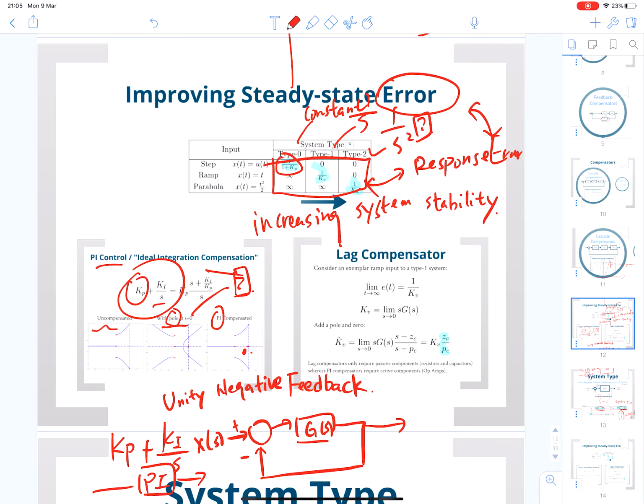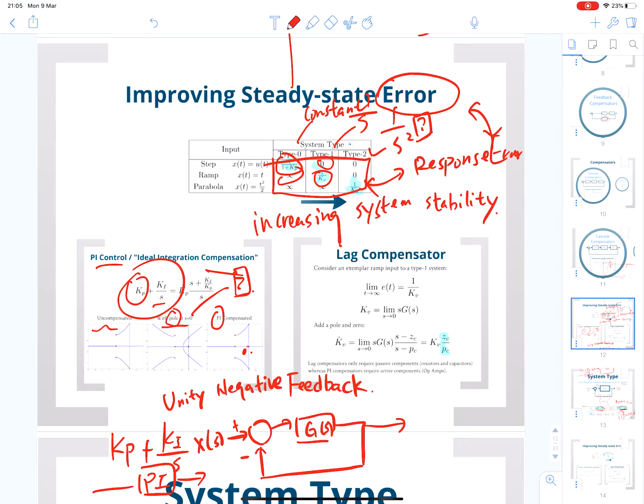If the input is a ramp but the system is type 0, the system may not handle it. If the input is a unit step and the system is type 1, the system says it's easy, there's no error. For a ramp and type 1, we are matching.